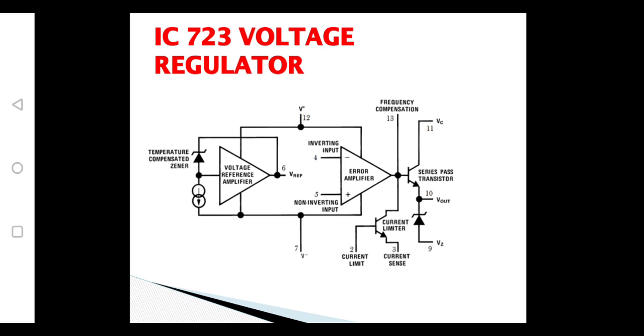Depending upon those voltage values, the pass transistor is either in the saturation region or in the conduction region. If we are getting more voltage from the error amplifier, then the transistor will get into saturation, so that it can limit the output voltage at that instant.